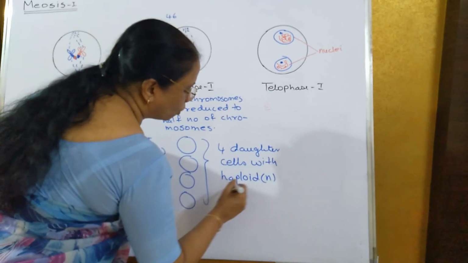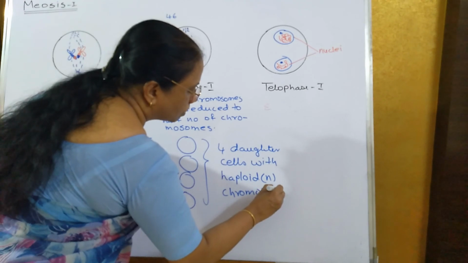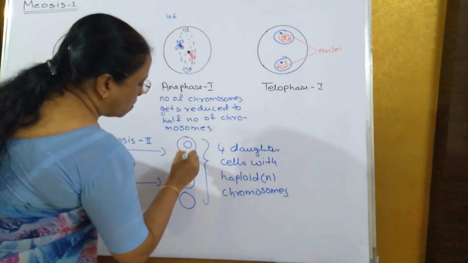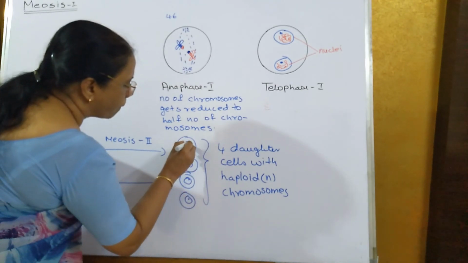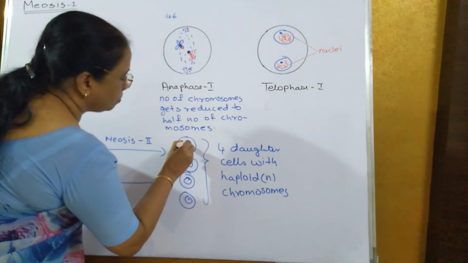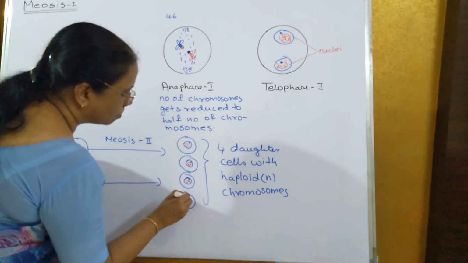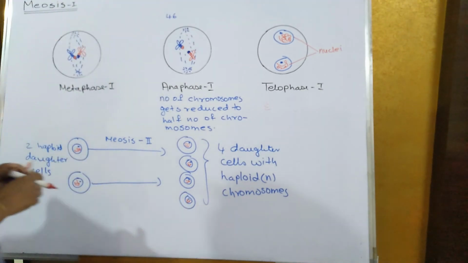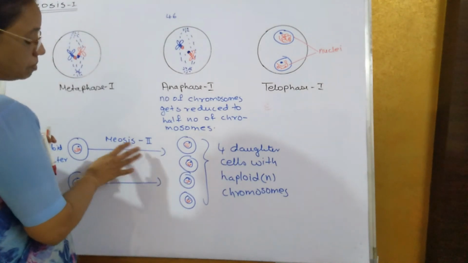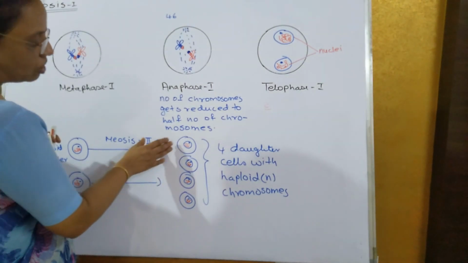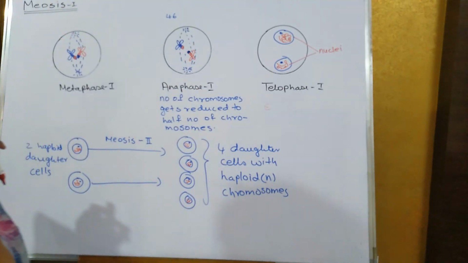Only one set of chromosomes. So in meiosis-II, two haploid daughter cells divide by a process similar to mitosis, and result in four daughter cells which have the haploid number of chromosomes.